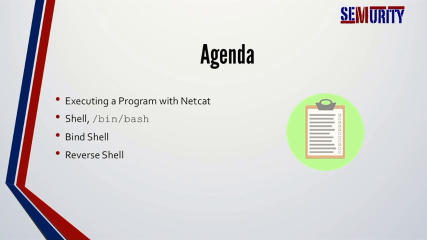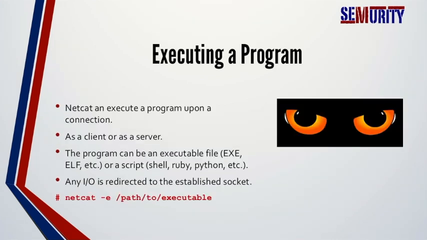But before talking about shell, we need to understand one of the most important features of Netcat, which is its ability to be triggered upon establishing a connection to execute a program. Netcat has a powerful feature. It can be triggered to execute a program.